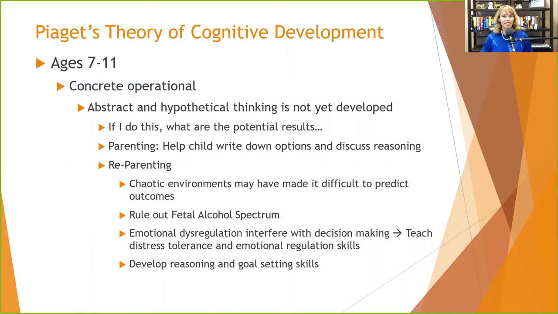So it's important to understand that if you have a client who has difficulty predicting outcomes, especially if they're further along towards the 10 or 11 age group, you might want to say, I wonder if there's anything cognitively going on here. Now, people with fetal alcohol spectrum issues, fetal alcohol syndrome, can learn how to predict.